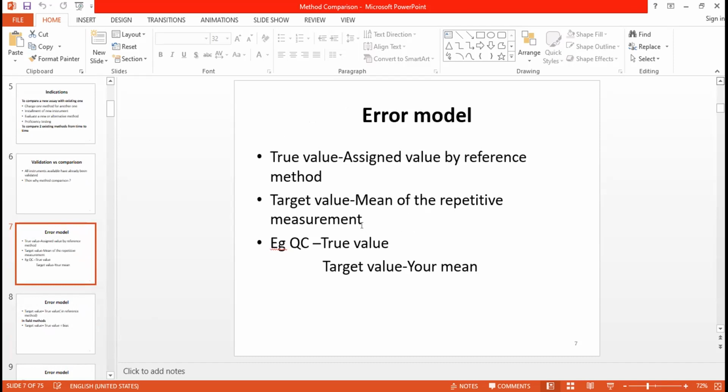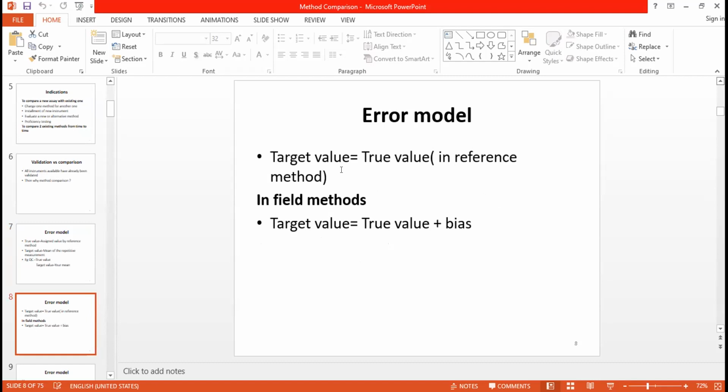If I take an internal quality control sample as an example, it has an assigned value given by the manufacturer, which is the true value. And you will be repeatedly analyzing this and obtain the target value, which is the mean value. So you obtain the mean value of your repetitive measurements, and that becomes your target value.